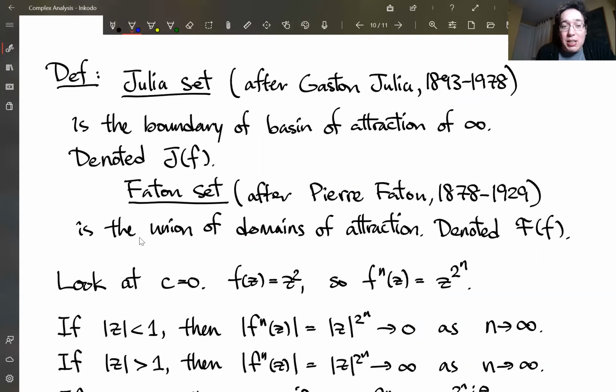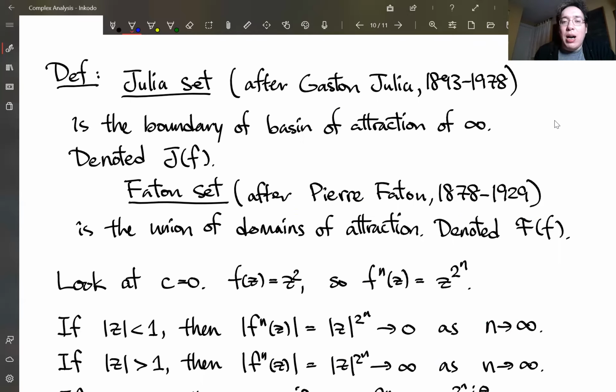Okay, so let's define Julia set. Julia set is named after Gaston Julia. So Julia is a last name. I'll define what this means a little bit later. So the Julia set is the boundary of the basin of attraction to infinity.